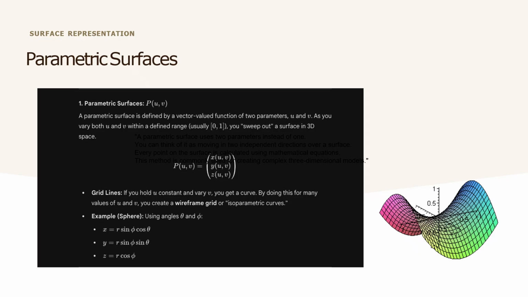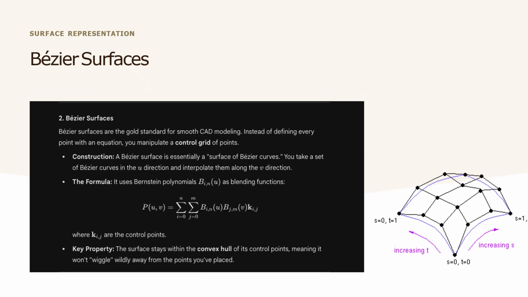Now let's move on to the next type. Bezier surfaces are created by extending Bezier curves into two dimensions. A grid of control points determines the surface shape. Moving one control point changes the overall surface.